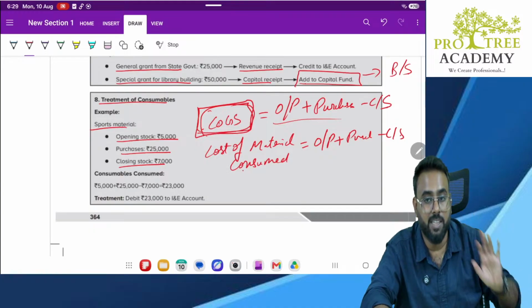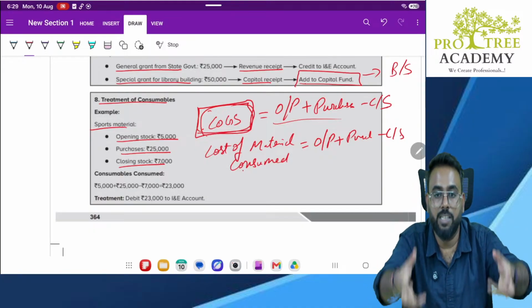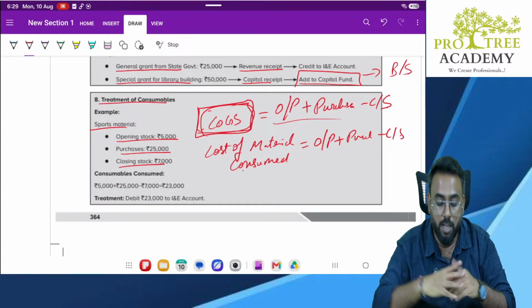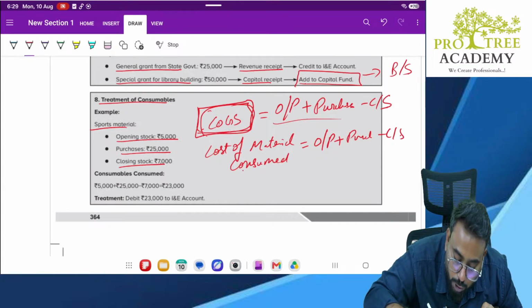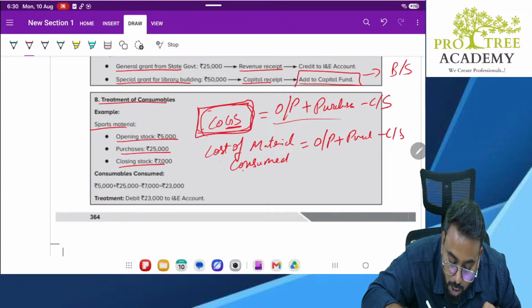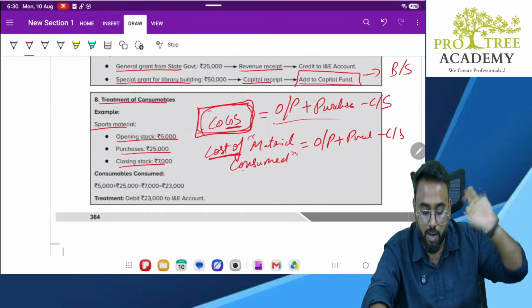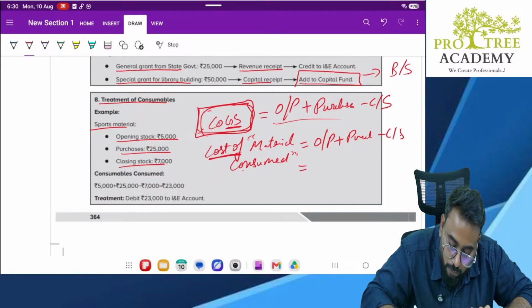Here we are not selling the goods, rather we are using those goods for ourselves. That means we are consuming the goods. Clear? So that is why we don't use the word cost of goods sold. Instead, we use the word cost of material consumed, because we are consuming those items which we have purchased for ourselves. So opening stock 5,000, purchases 25,000, closing stock 7,000.